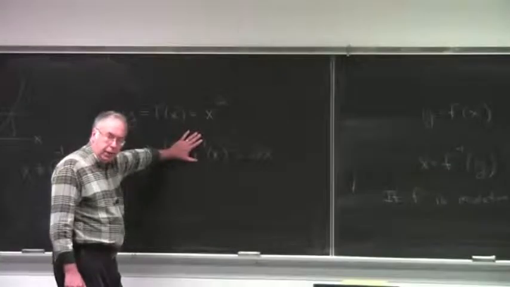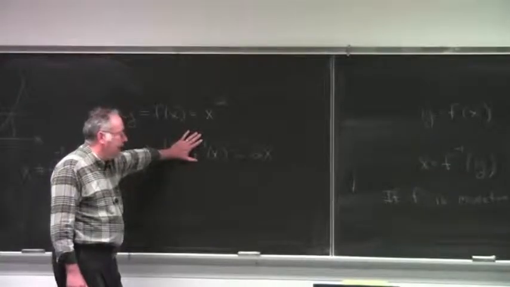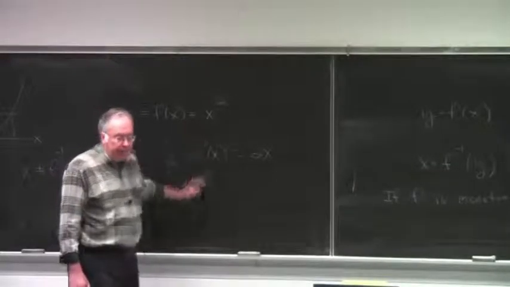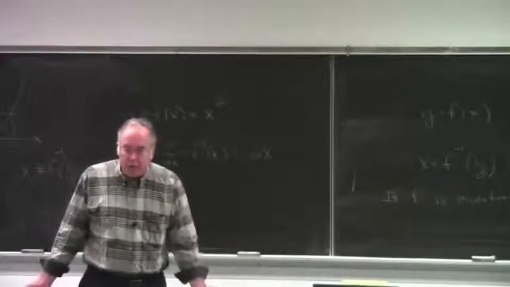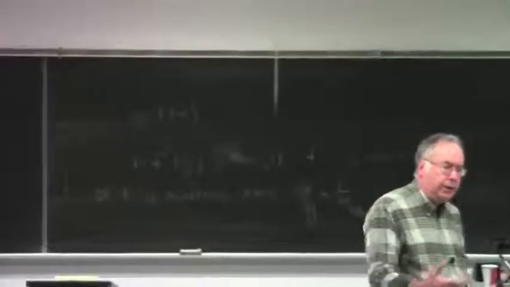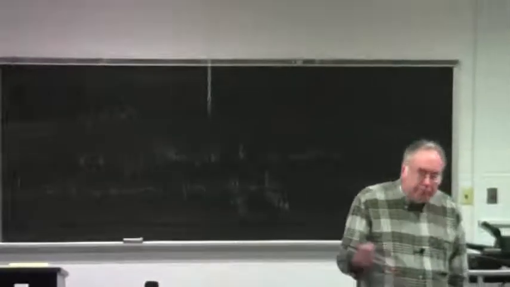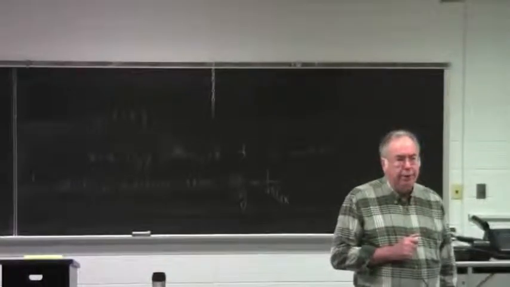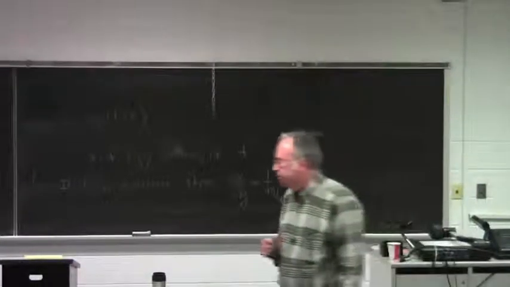And in this case, the derivative f prime of x is sometimes positive, sometimes negative. So this function's not monotonic. And that means the inverse function does not exist. Now this procedure is a little more rigorous than just drawing a graph like that. Okay. All right. Let me give you another example.